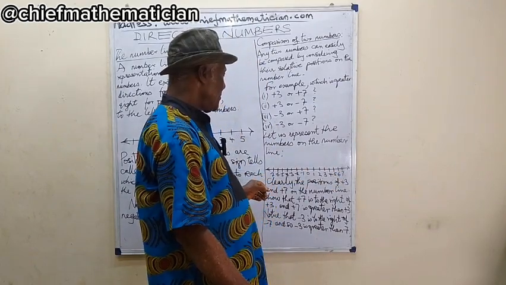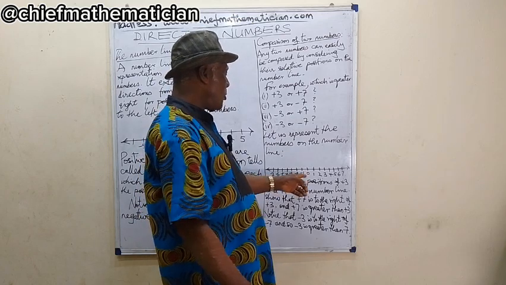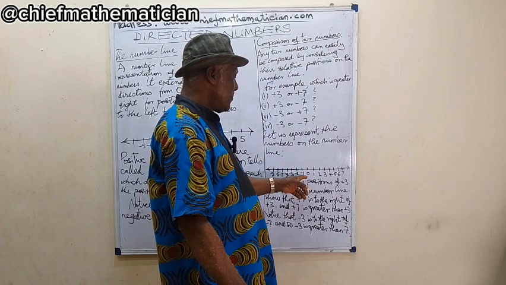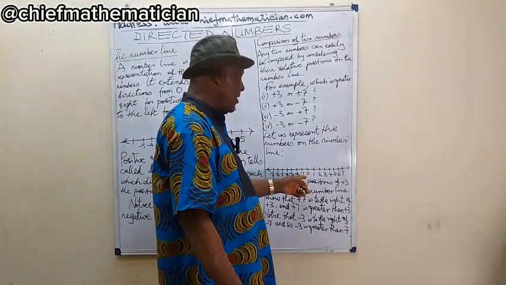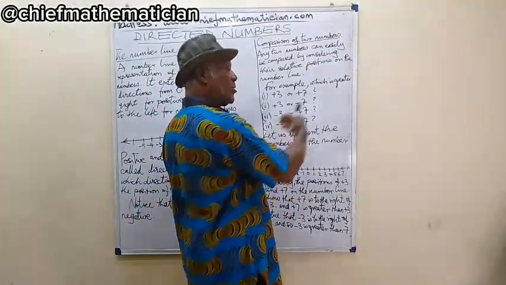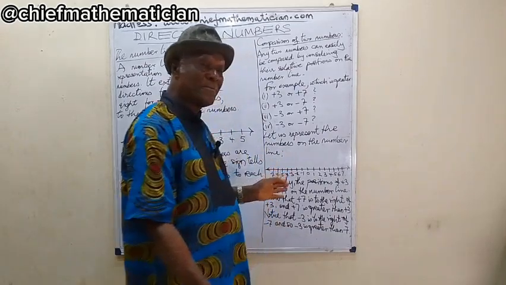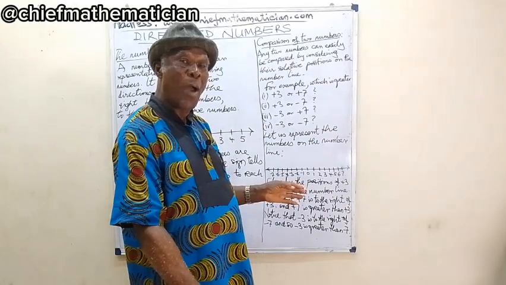Look at minus 7. Look at 0. You may be surprised to see that 0 is greater than minus 7. Why?